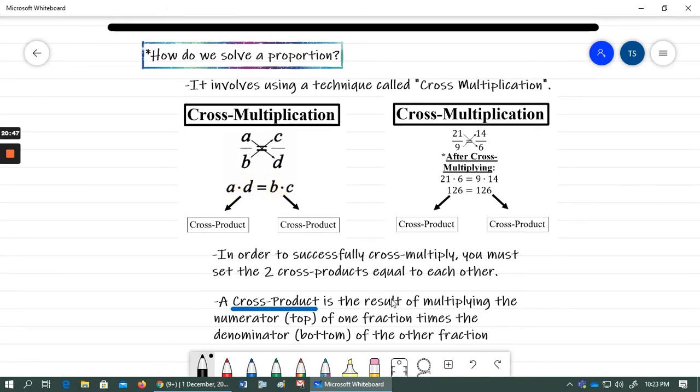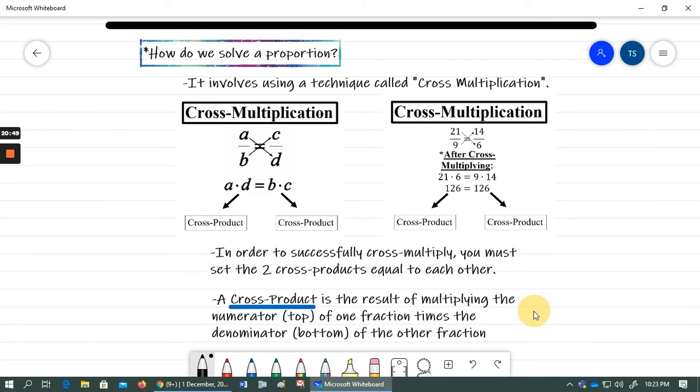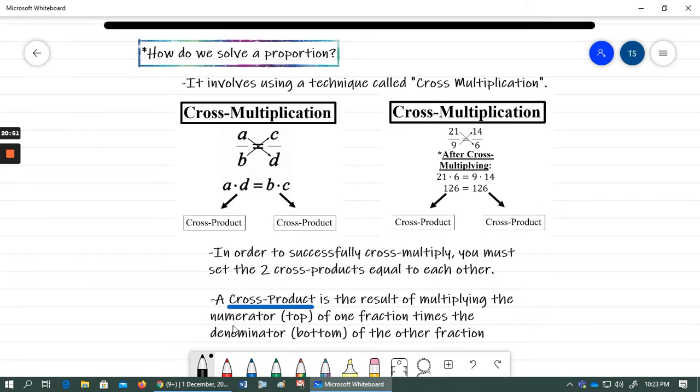A cross product is the result of multiplying the numerator, the top of the fraction, of one of the fractions, times the denominator, or the bottom, of the other fraction.